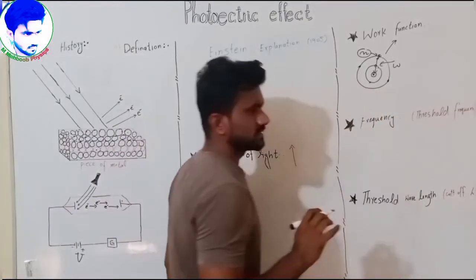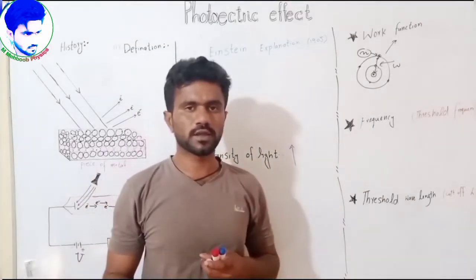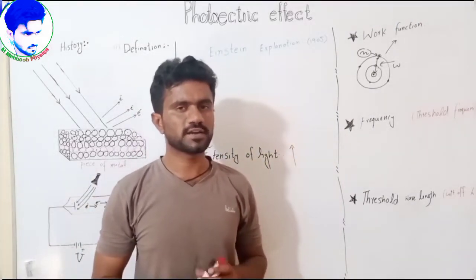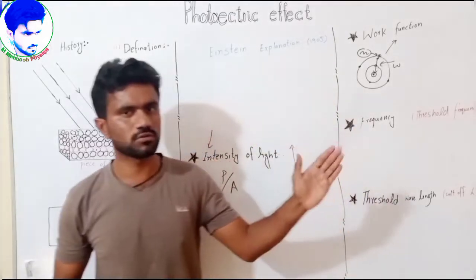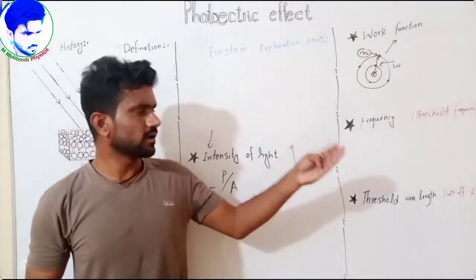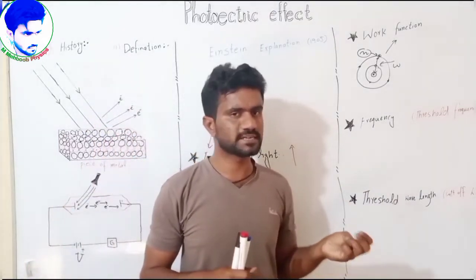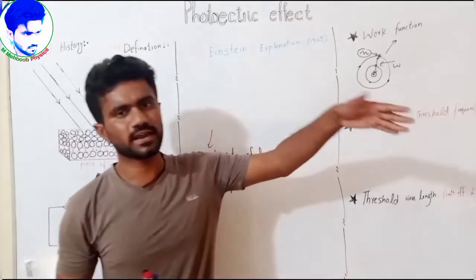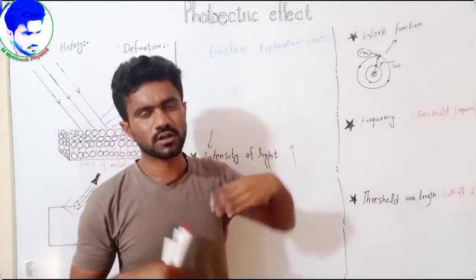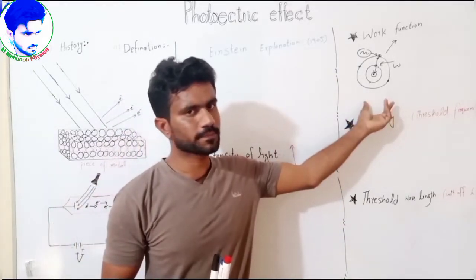Like in alkali metals, when we go from up to down in groups, the ionization energy decreases. So in the alkali metals of the first group, like lithium, sodium, potassium, rubidium and cesium, in case of cesium, forget the sunlight, it can also perform the photoelectric phenomena even at candlelight maybe.